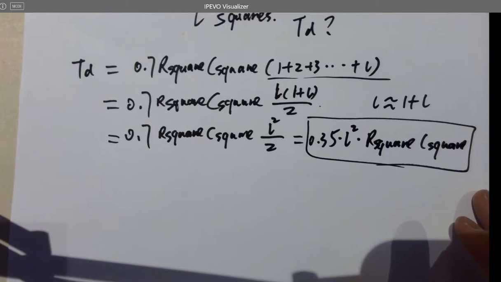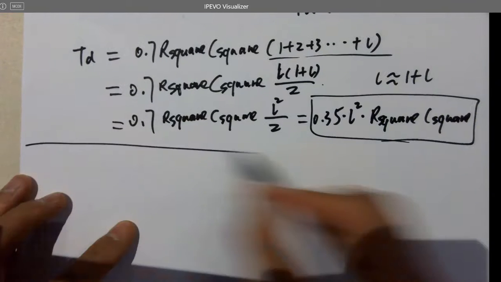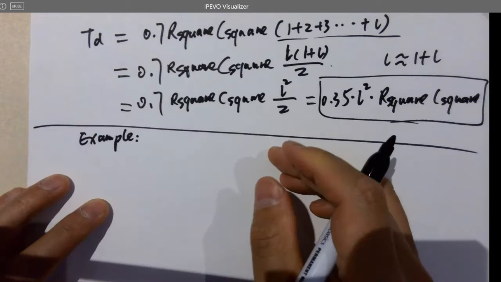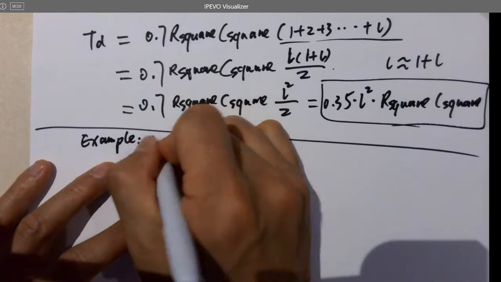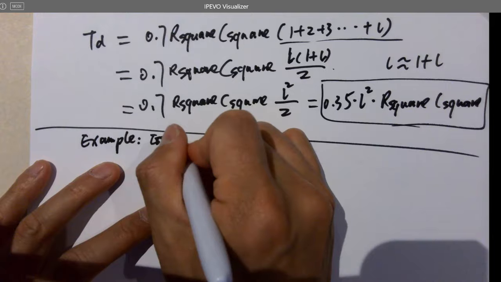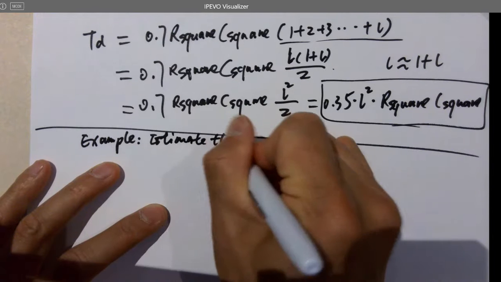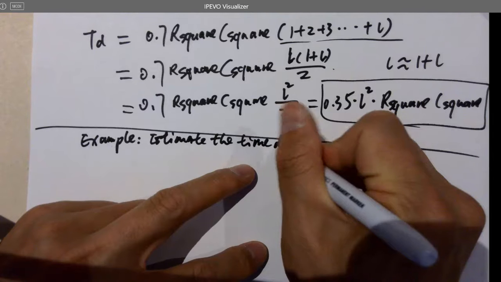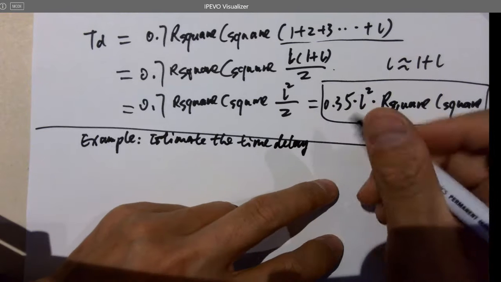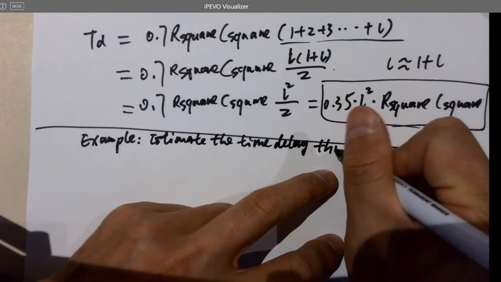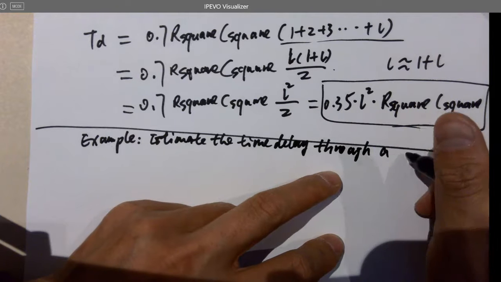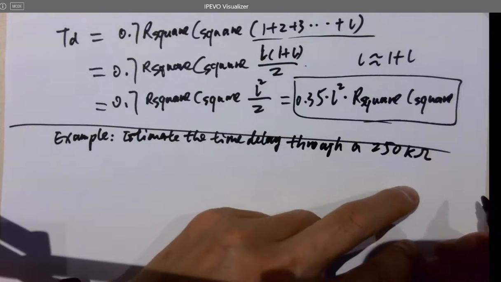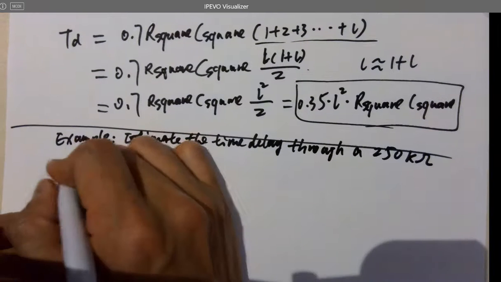All right, let's look at one example here. Estimate the time delay through a 250 kilo ohms unwell resistor.